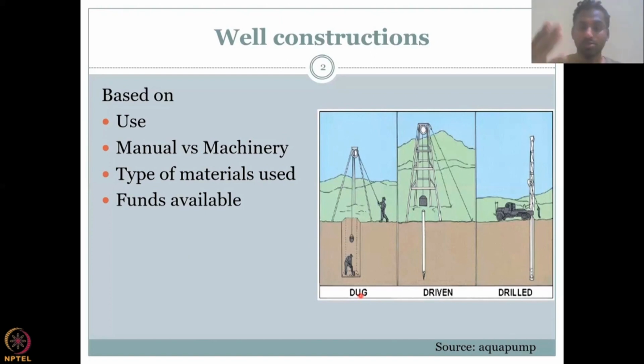If you don't have much funds, mostly they go for dug wells. And based on the dug wells, your consumption is also changed. You don't take much water out of the ground. You just make sure you tackle only the shallow aquifers, whereas driven can go to shallow and then also deeper aquifers, and drilled is mostly at the deep aquifers.